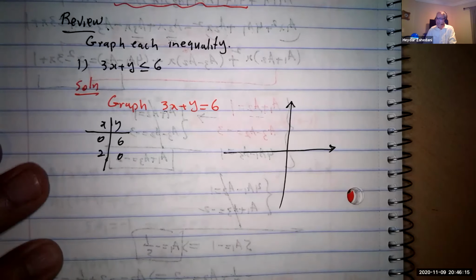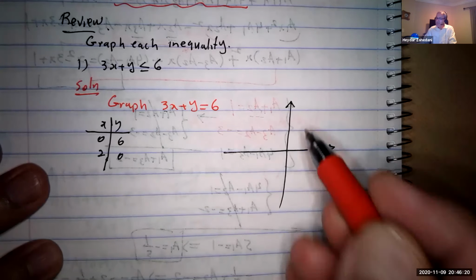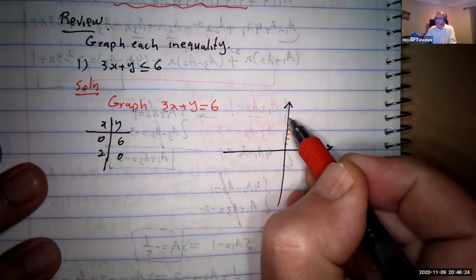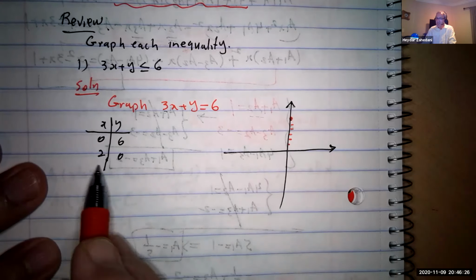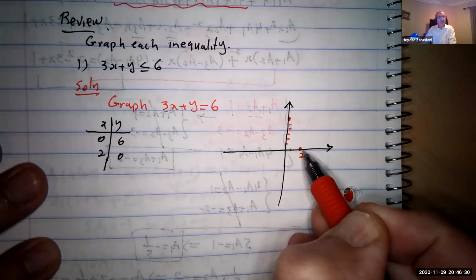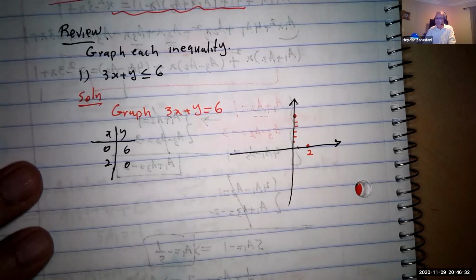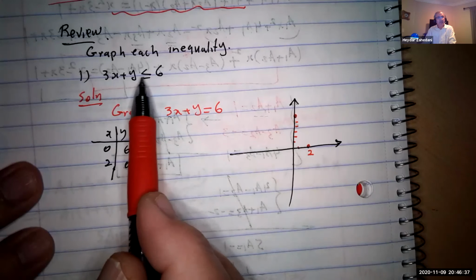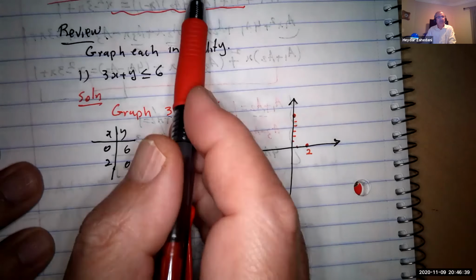Okay. So we locate these points. We have x 0, y 6, going to be 1, 2, 3, 4, 5, 6. This is 1 point, and we get a 2. Okay, we're going to connect these 2 points together to get the line. If there is an equality sign, the line is covered. We use the solid line.